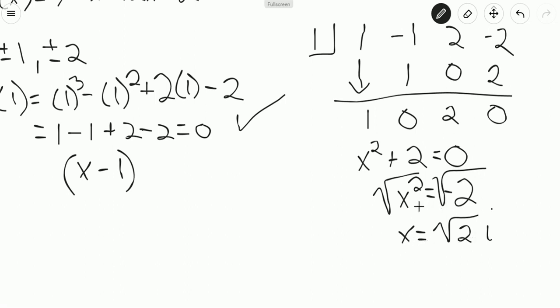Now, anytime you have a complex root, its conjugate is also a root. So now our roots are going to be 1 and plus or minus square root of 2 times i. Okay, that's our final answer.